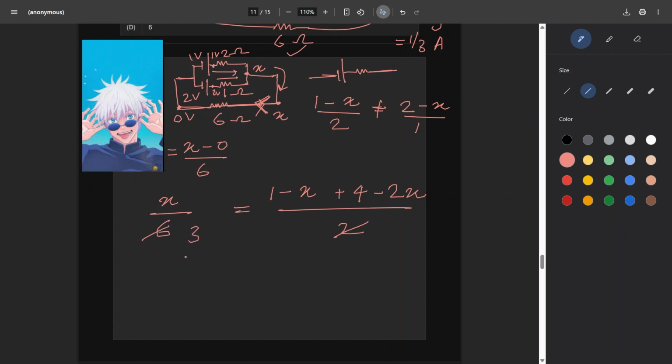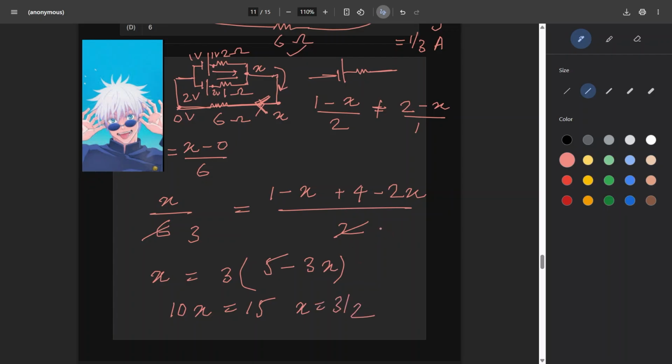So we have 3 here, and x will be 3 times, that is 5 minus 3x, right? So we have 10x as 15. So we have x as 3 upon 2, right?